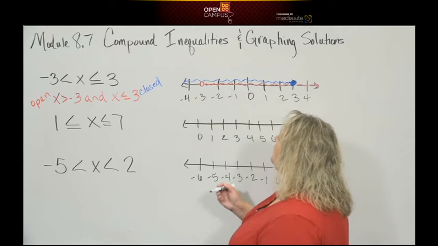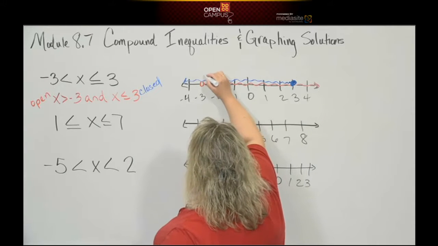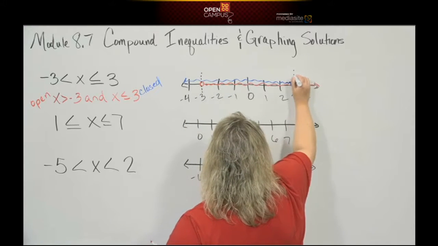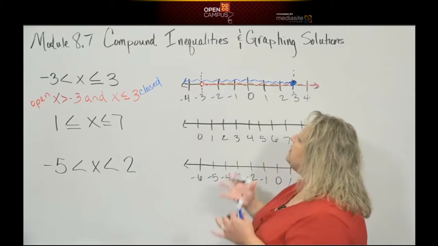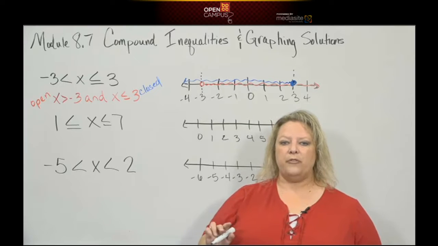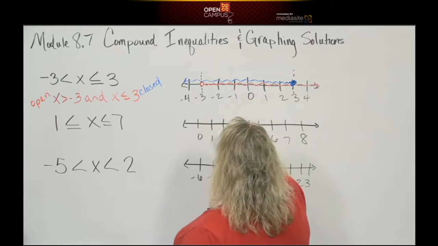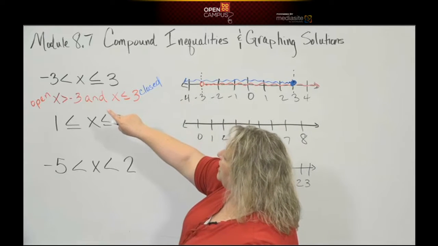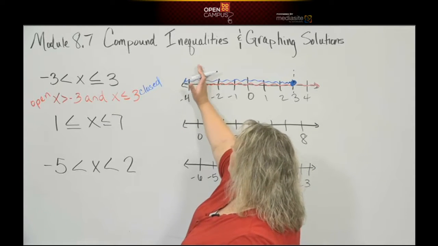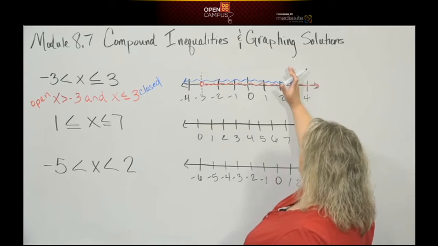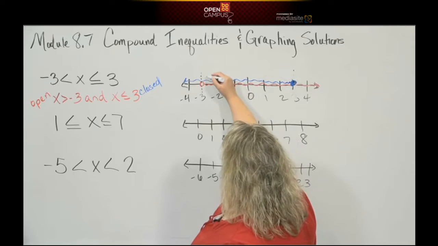So the only part that can be the solution set is from here to here. Only that stuff that got shaded by both the less than and the greater than. So when I write my answer, that's why I have -3, because -3 is the lowest, +3 is the highest, and my x is trapped in the middle.